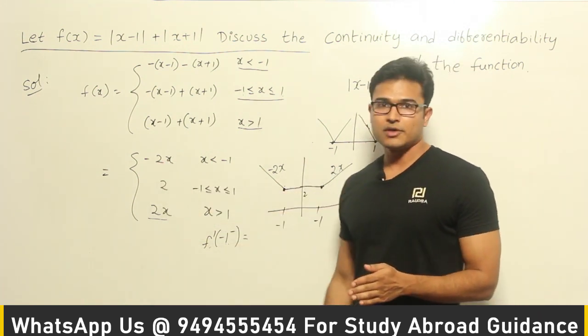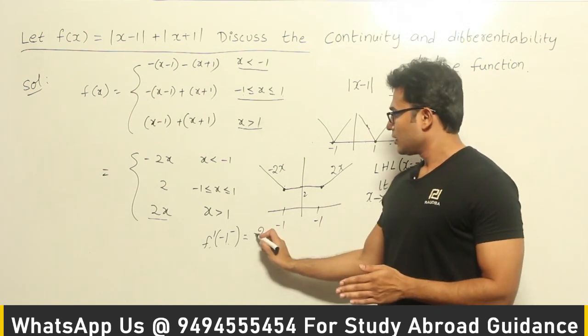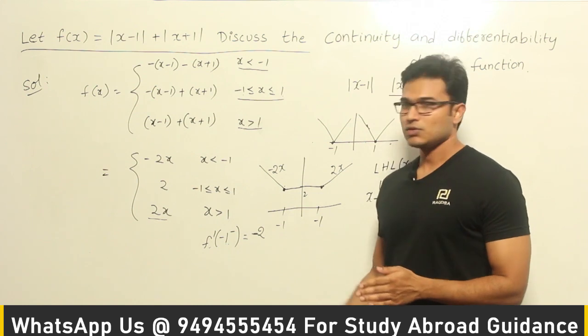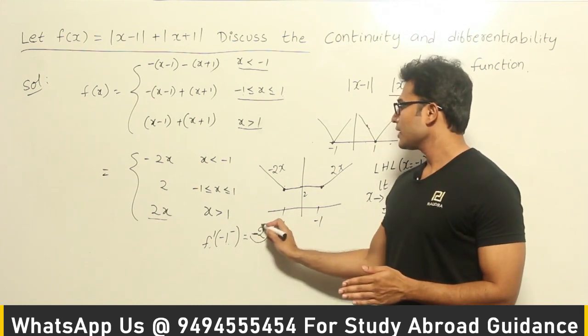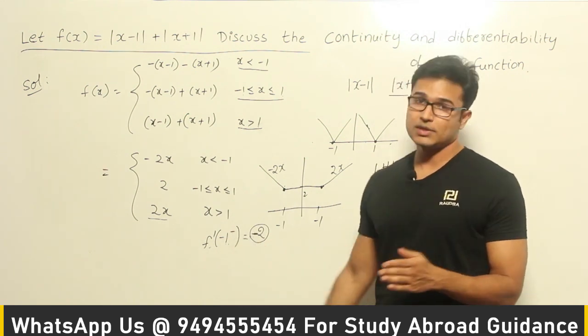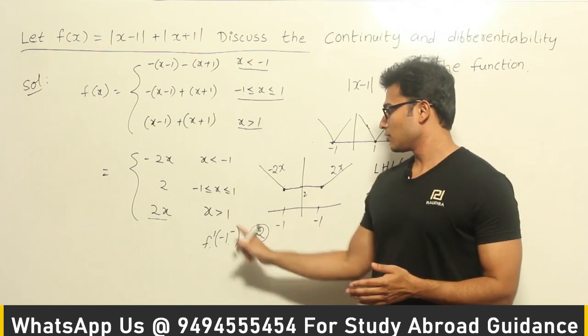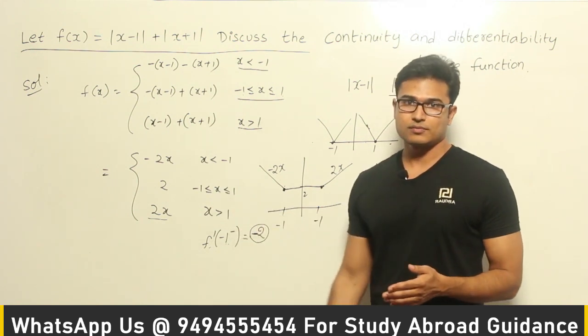Now find out its derivative. We are going to get -2, isn't it? That's it, -2. So what does it mean? The left derivative at x equal to -1 is -2, right?